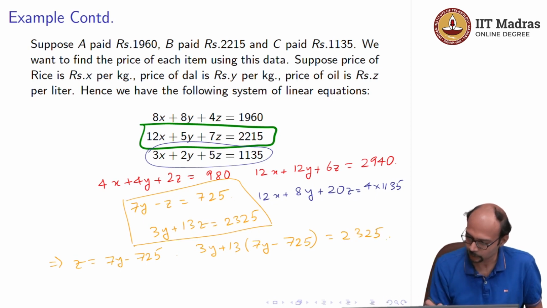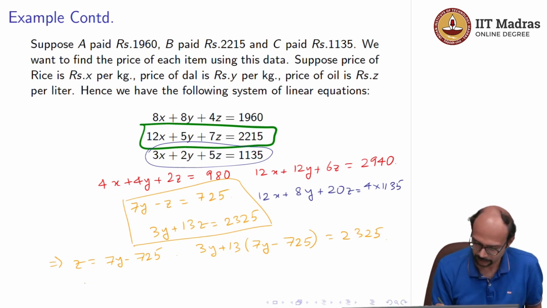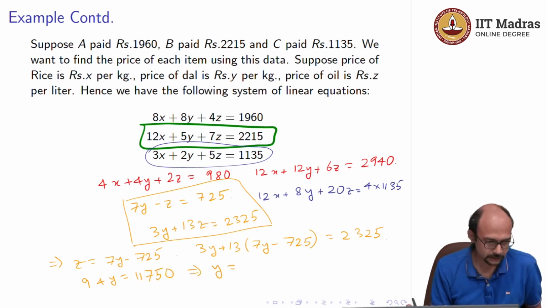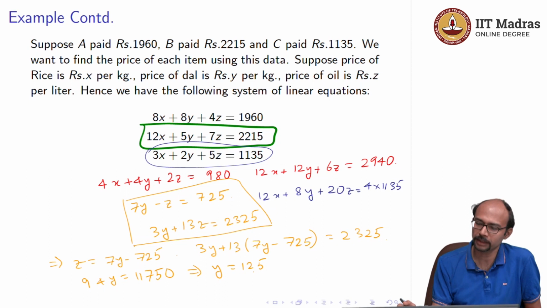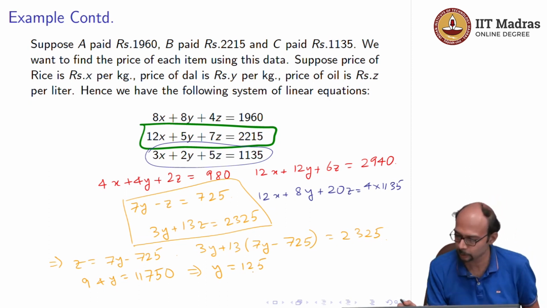If you simplify this, what you will get is 94 times y is 11,750. So y is 11,750 divided by 94, which is 125. So we have computed the price of dal. It is rupees 125 per kg.